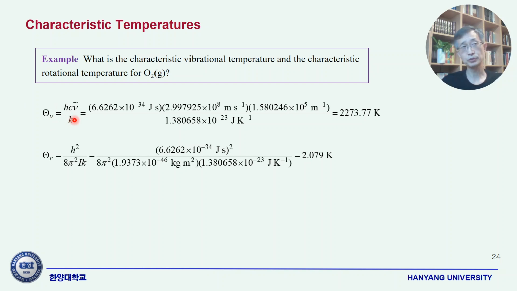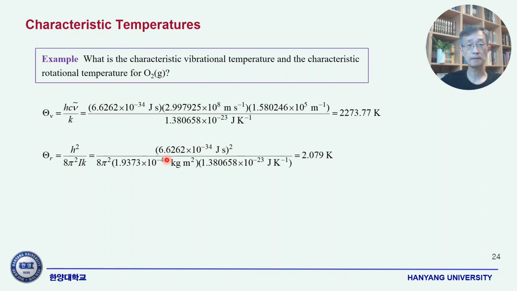So at room temperature in the experimental case, we don't see full activation of the vibrational degrees of freedom. That's why we don't fully include this vibrational contribution in the low temperature calculation. For the rotational degrees of freedom instead, h² over 8π²Ik, and then we have all this.